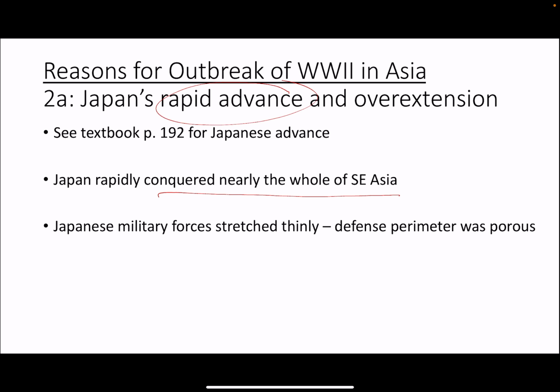Let me explain what it means by the Japanese forces were stretched thinly and why it was porous. Porous here, we are not talking about osmosis. We're talking about porous: it allows passage, right? So that is to say things can come in, things can go out. So when we talk about that, that is in terms of defense.